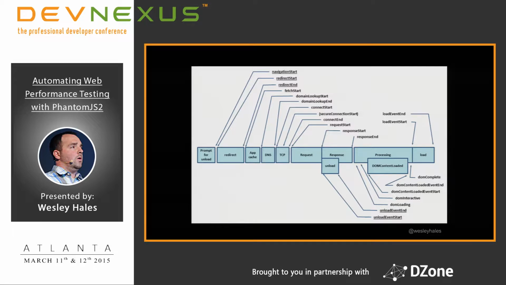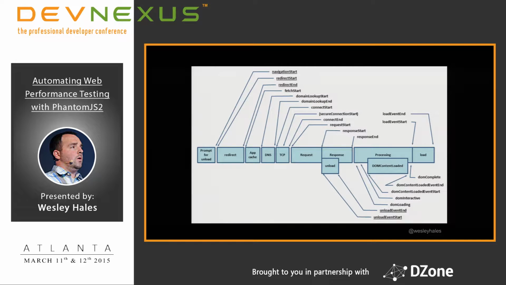I went through all that rigmarole to show you guys how we did things the old way and kind of all we had to deal with. Now we have a really good API to deal with. And this has been around since 2012, and there's also a navigation timing 2 specification now.